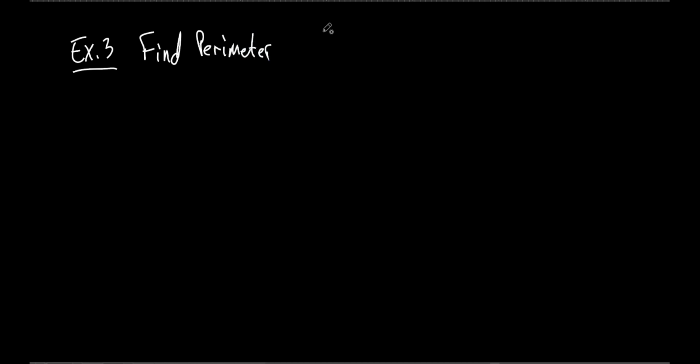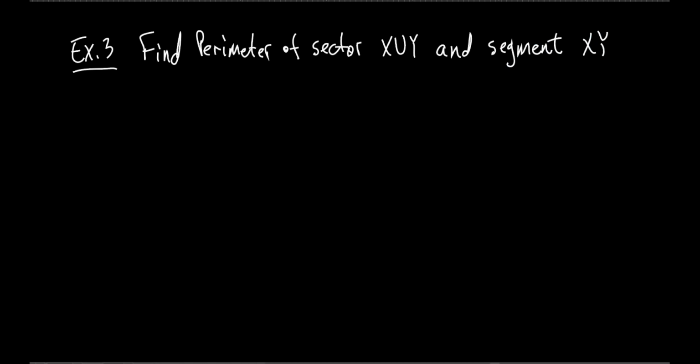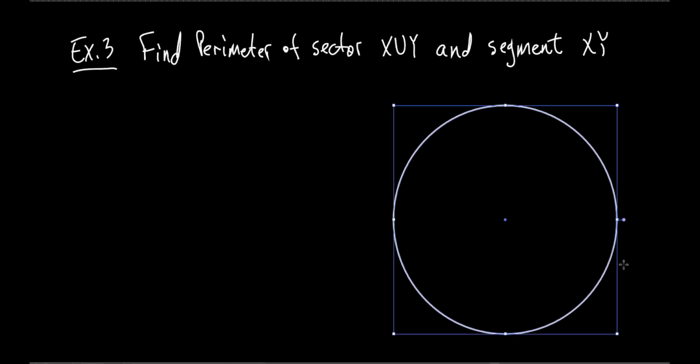I'll draw it here in a second, but I'll write down what they tell you we're finding: the perimeter of the sector XUY and the segment XY. All right, so let's draw it, put some letters in there so we know what's going on.